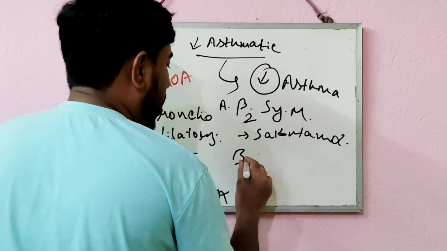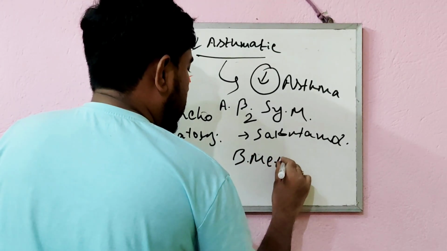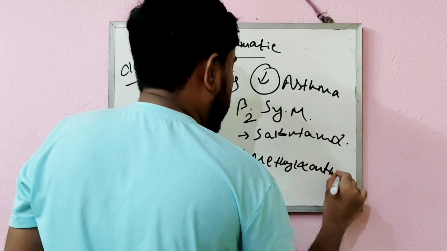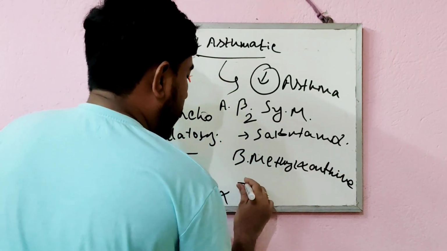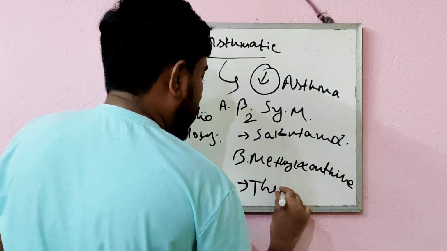The second type of classification according to mechanism of action is methylxanthine. The example is theophylline.